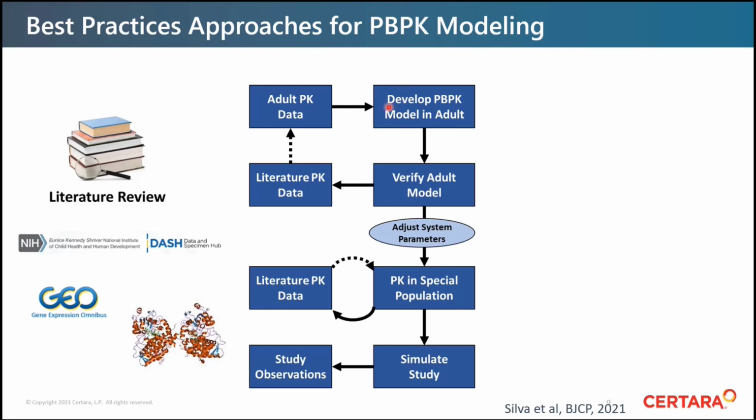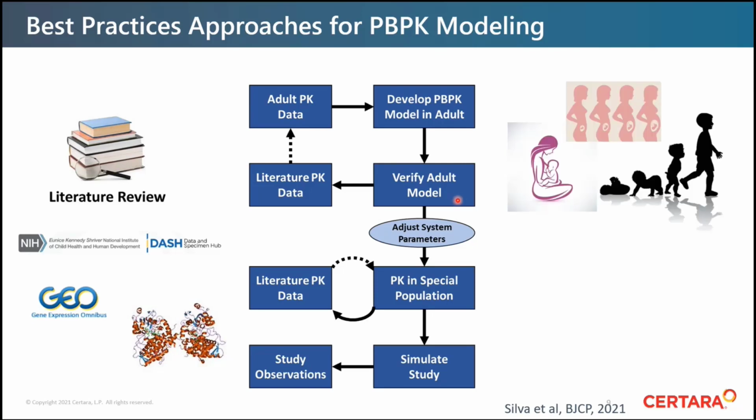So we develop the adult model, verify it, go back, adjust if we need to get an adequate, valid adult PBPK model. And then to determine the special population PBPK, we should simply just need to adjust the system parameters. This works for children. For pregnancy, there's some additional needs to add in, the fetal placental unit and distribution to that. But in general, the maternal parameters can be adjusted, and you should be able then to predict your PK in a special population.